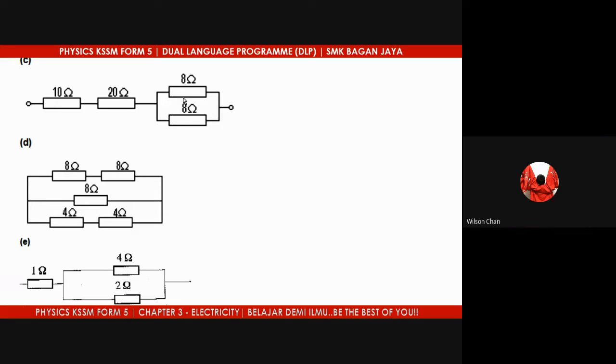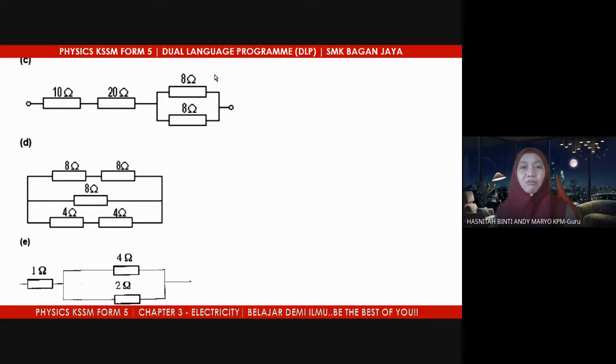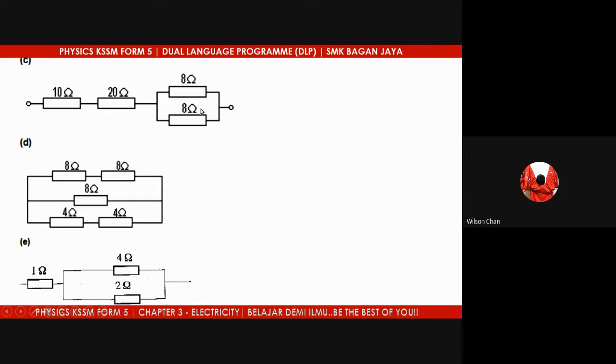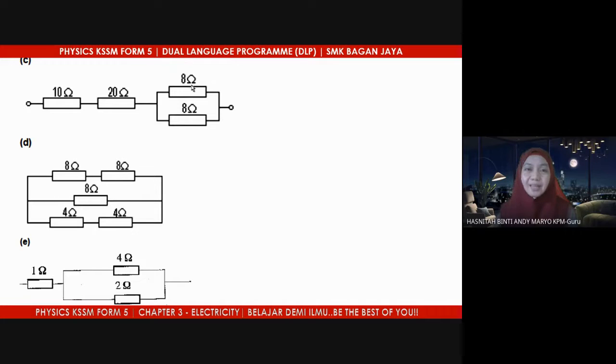8, 8. So 4. 8, 8 will be 4. It will be half. If here is 4, 4, it will be 2. If here is 6, 6 it will be 3. It will be easier if they give you identical resistors here, so you divide by 2 only.